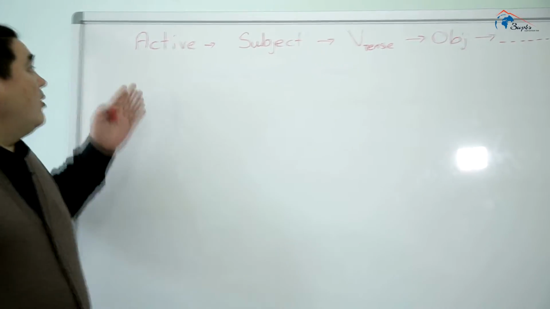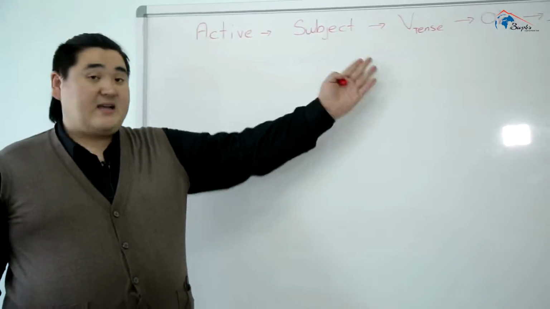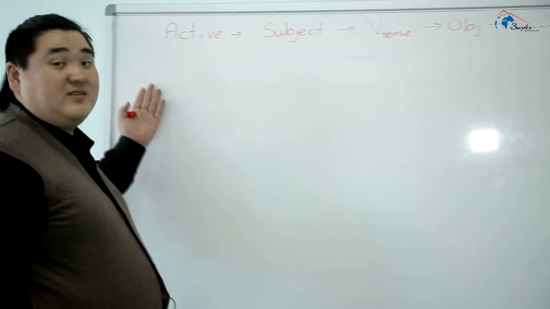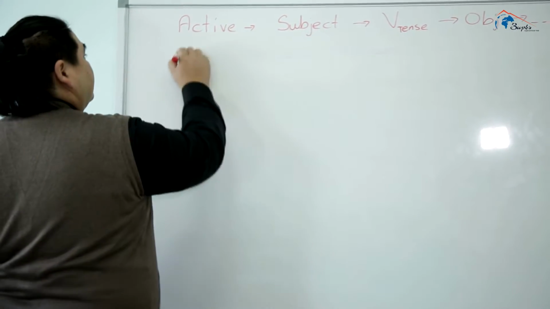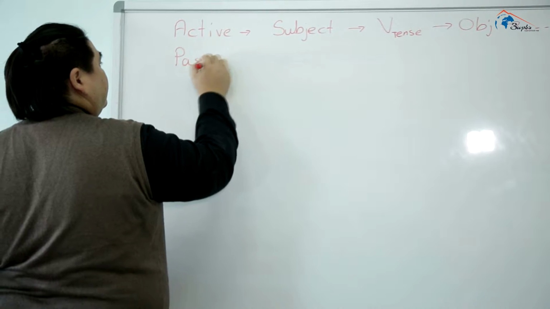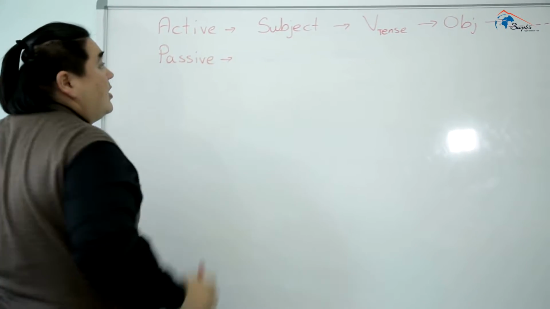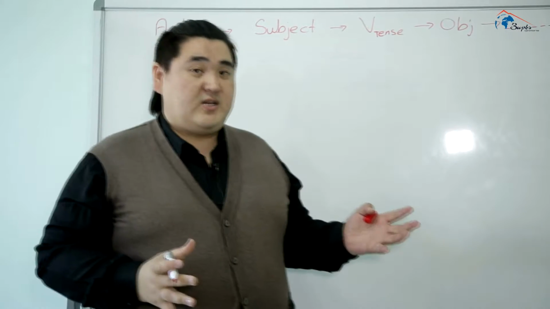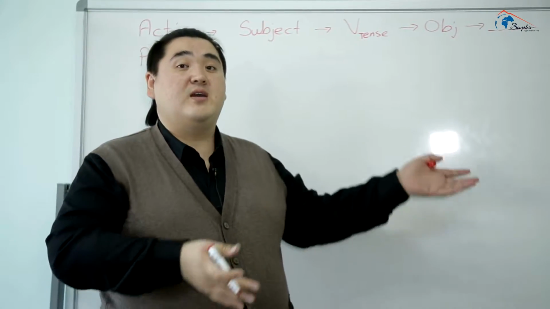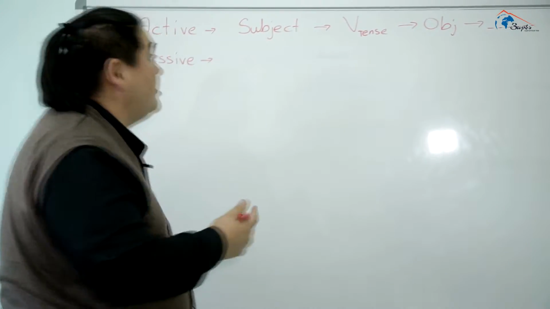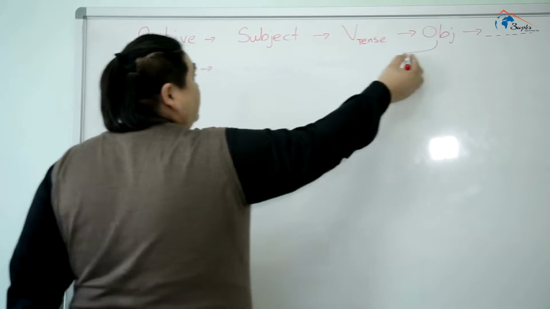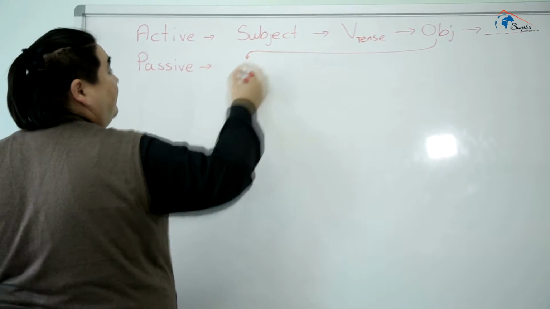When we want to turn this active sentence into a passive sentence, we turn the object into the subject of the second sentence. Here, the object comes to the front.